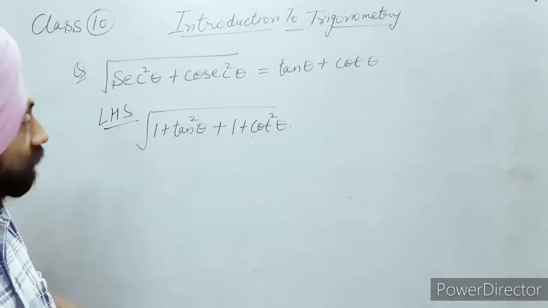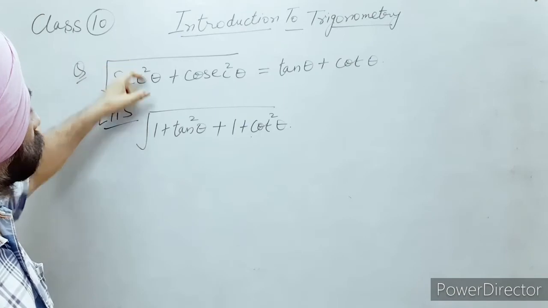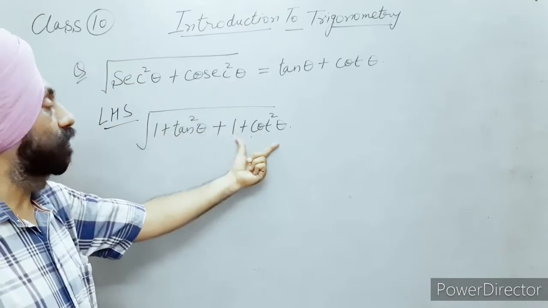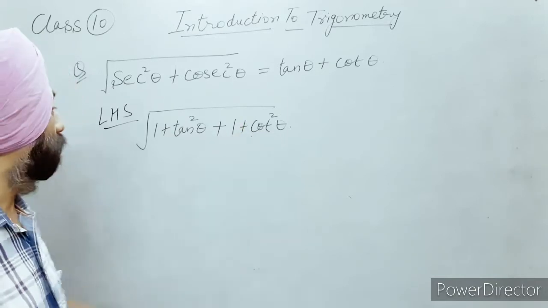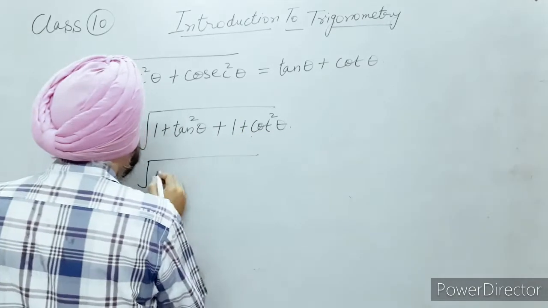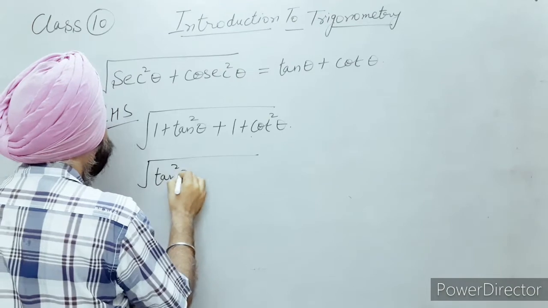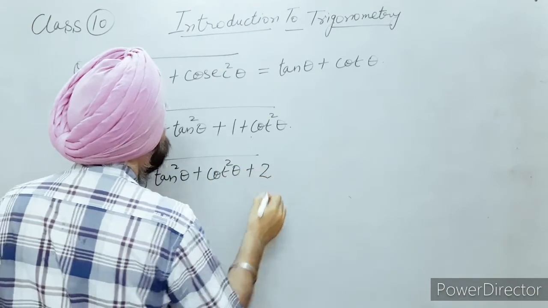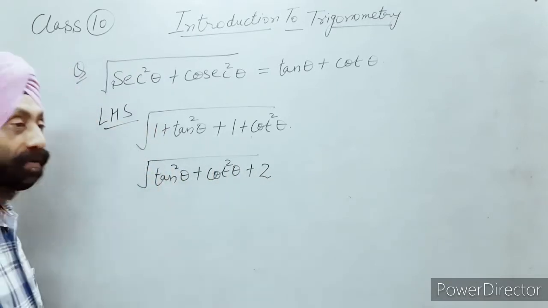I have used the identities secant squared theta is 1 plus tan squared theta, cosecant squared theta is 1 plus cot squared theta. Now tan squared theta plus cot squared theta plus 2, since 1 plus 1 is 2.